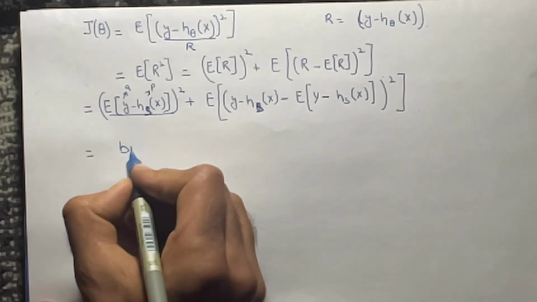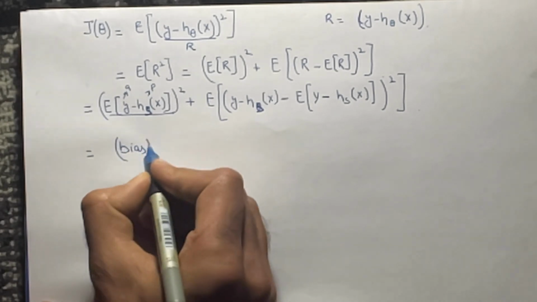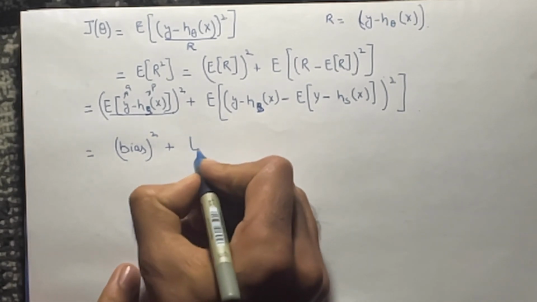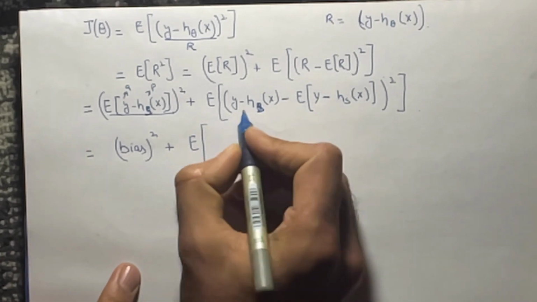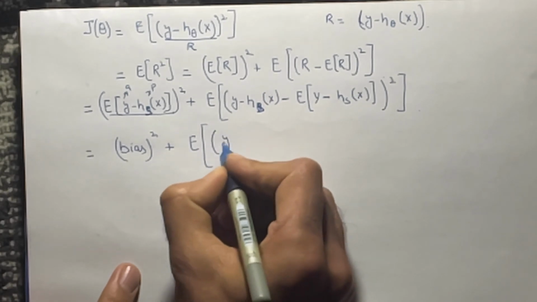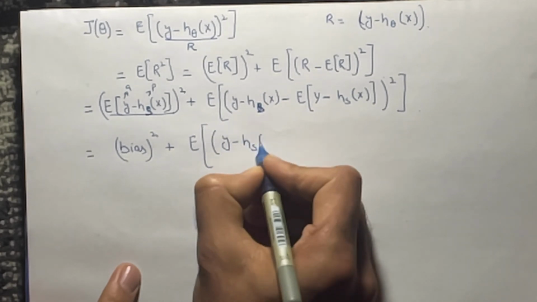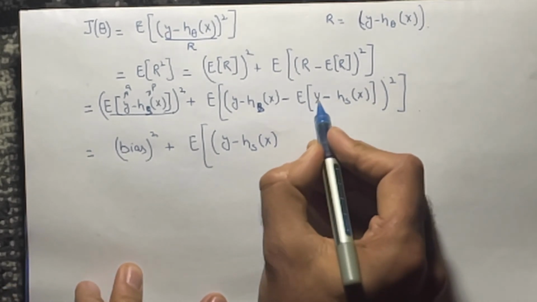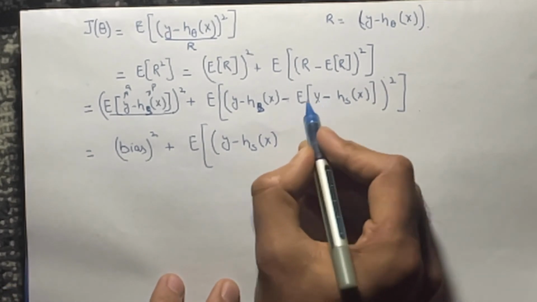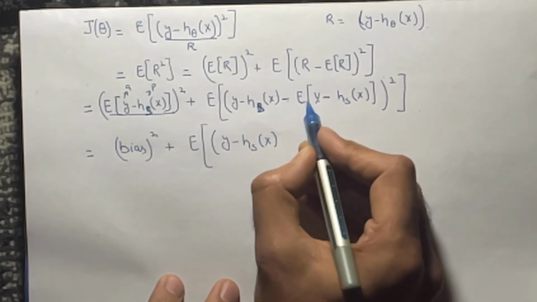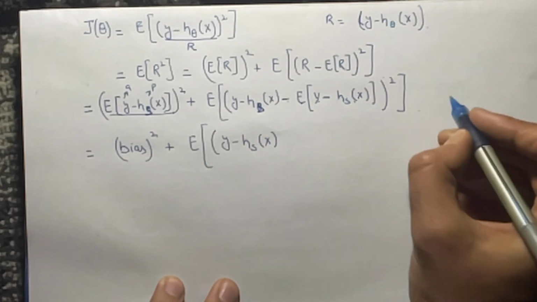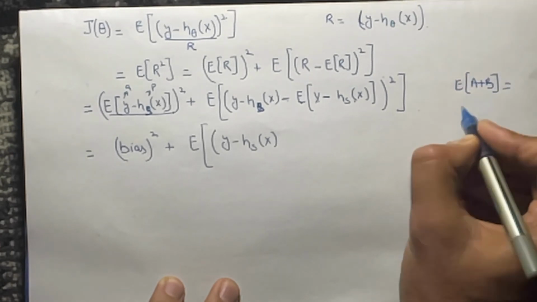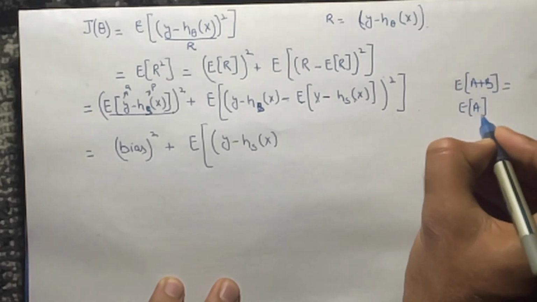So it is bias square plus, okay, expectation of, so this is y minus h s of x. So it will be expectation of y minus this will first expectation of y and expectation of this, because we know expectation of a plus b will be equal to expectation of a plus expectation of b.